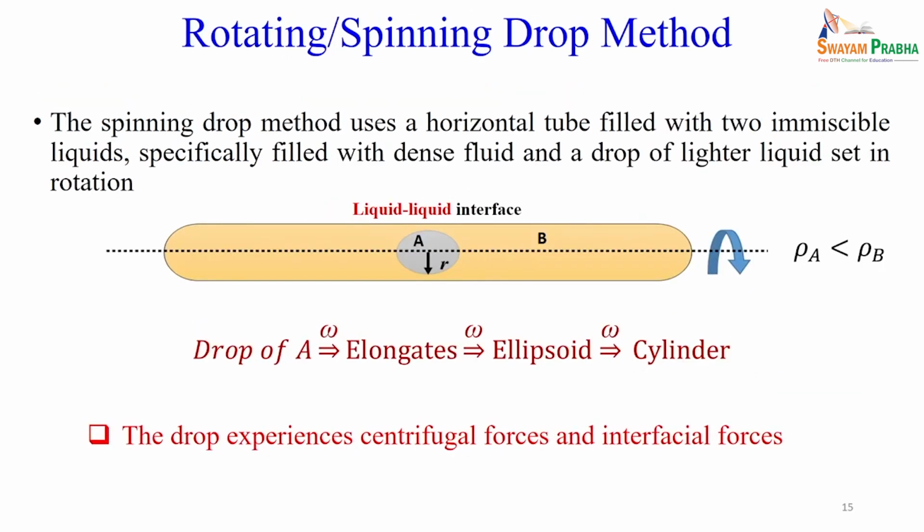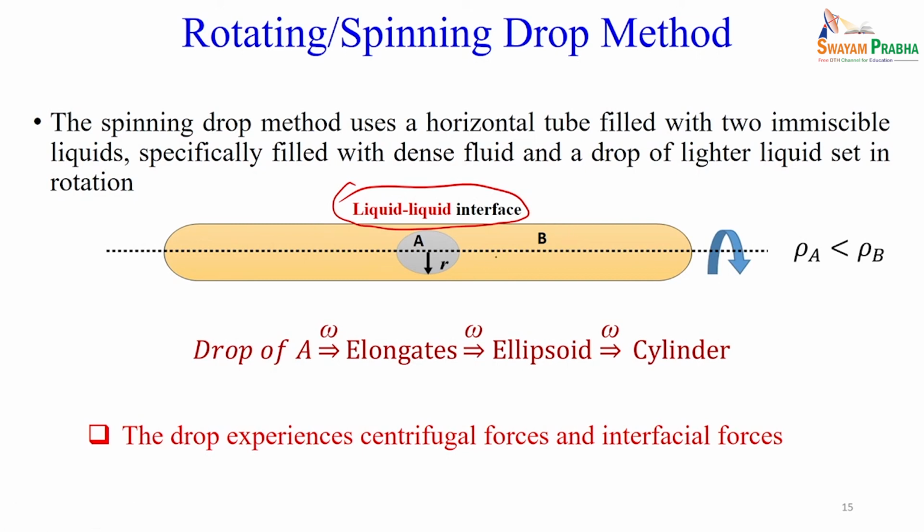So, the next method is the rotating or spinning drop method. In this method you have a horizontal tube which is filled with two immiscible liquids. Mostly it is used for measuring the liquid interfacial tension.